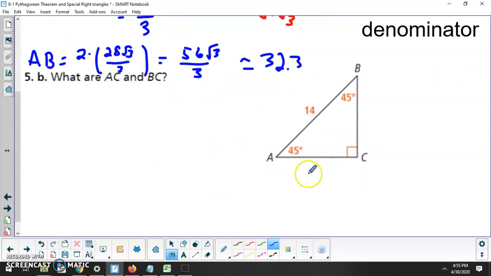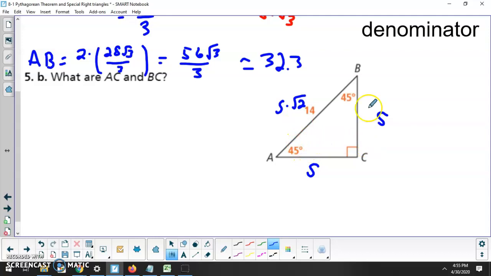On problem B, remember the relationship when it's a 45, 45, 90 degree triangle: the hypotenuse is equal to the shorter side, S, times the square root of 2. Imagine this is the shorter side and this is the other shorter side. They're both the same, by the way.